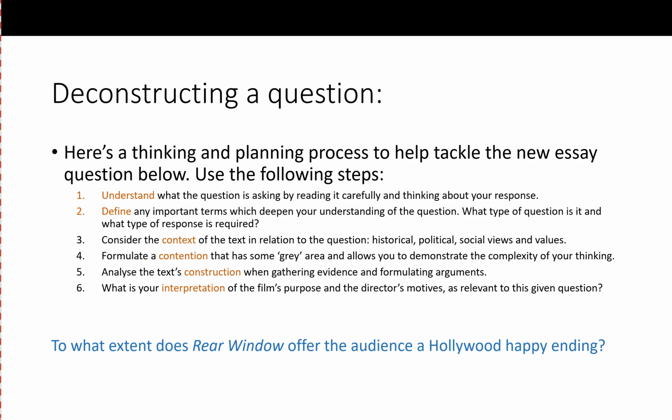Again, to what extent? So we've got to figure out to what extent we agree with one end of the scale or the other end of the scale. So let's just figure out what the two ends are. That's one point.